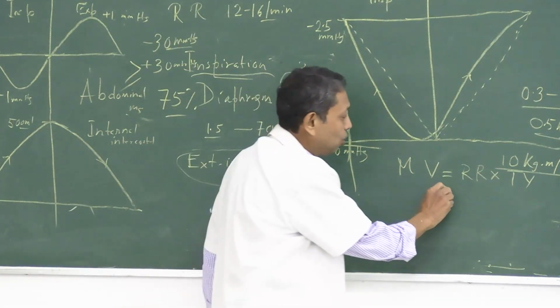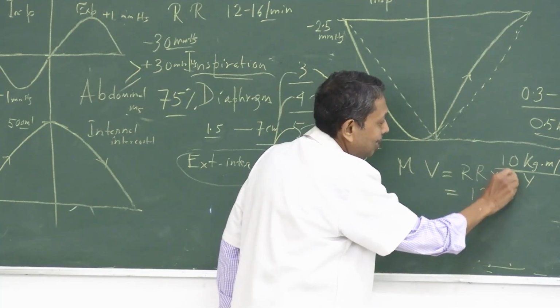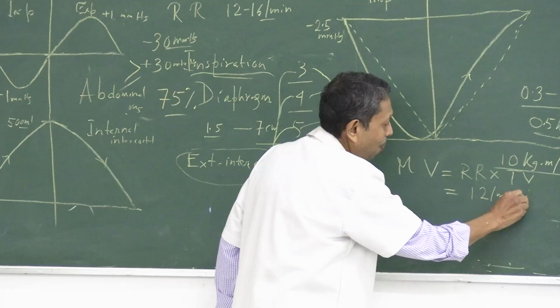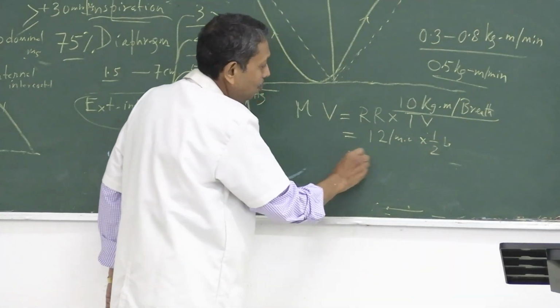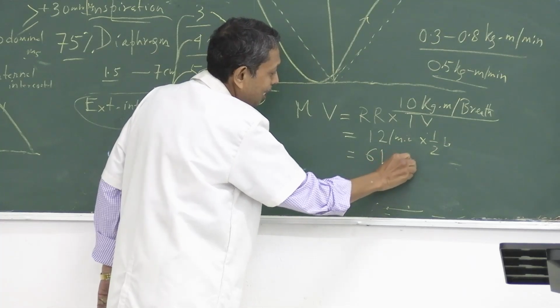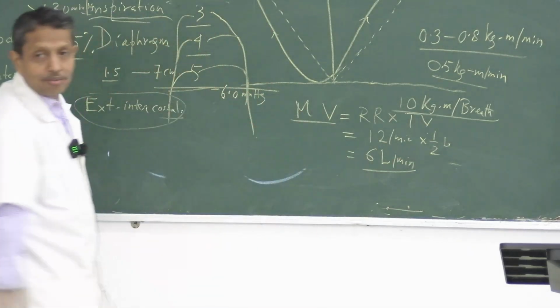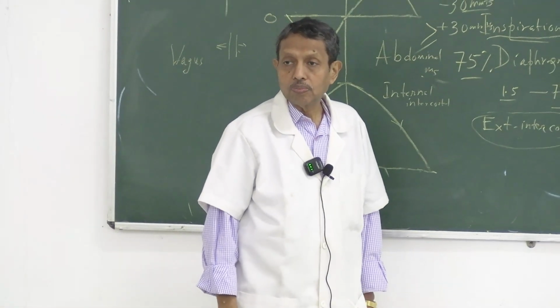Suppose respiratory rate is 12 per minute and tidal volume is half a liter, then it becomes 6 liter per minute. This is the minute ventilation, and it may increase, it may be 30, 40 or more.